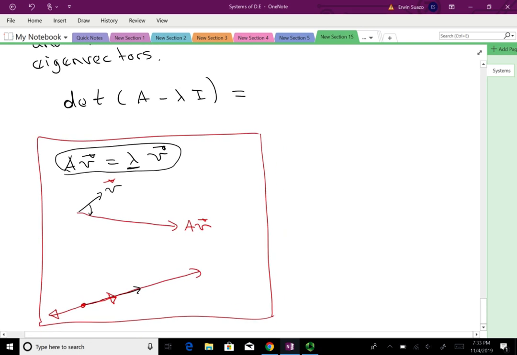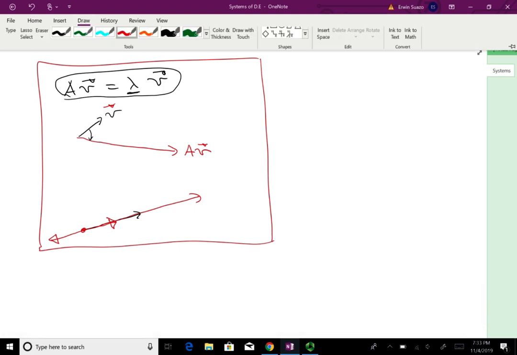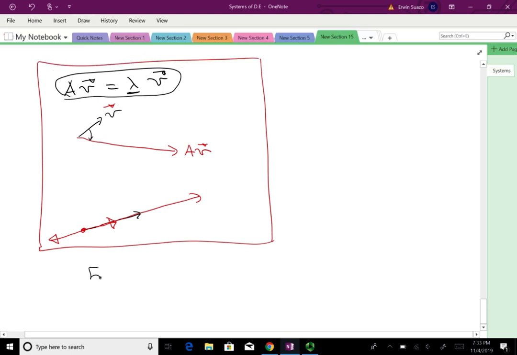So you need to solve this equation. How would you solve that equation on the real numbers? So you have phi x equals lambda x. So you need to find lambda.